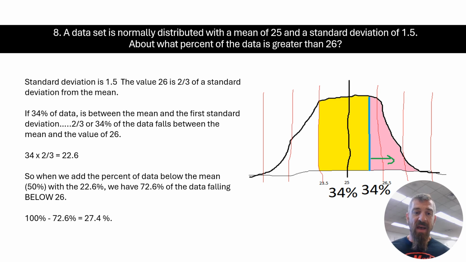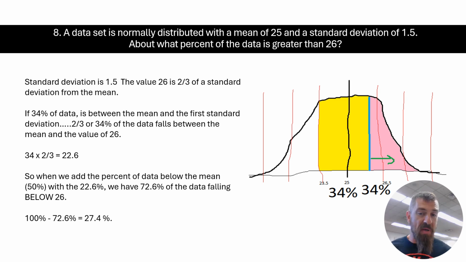The question did ask us to look at what percent of data is greater than 26. So it's going to be 100% minus the 72.6% that we just found. That leaves us with 27.4%.